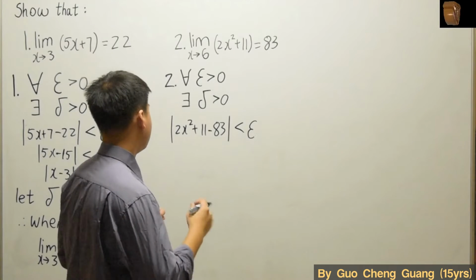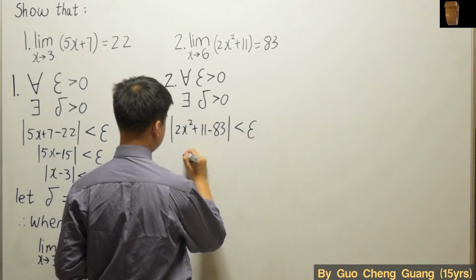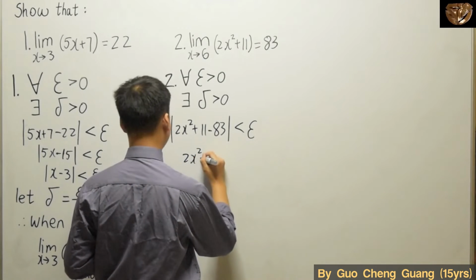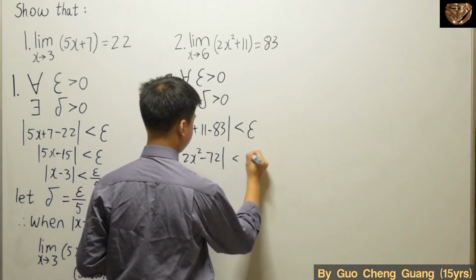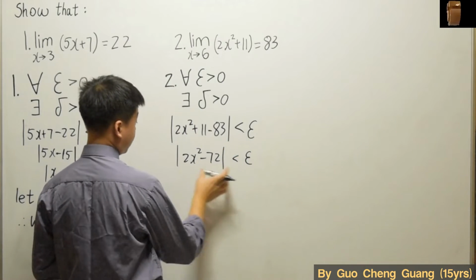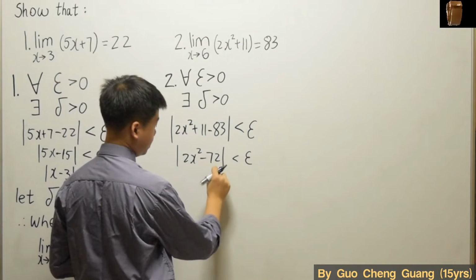So this entire part here is smaller than epsilon. Let's simplify a little: 2x squared minus 72. Then we divide 2 on both sides, and you realize this is x squared minus 36.